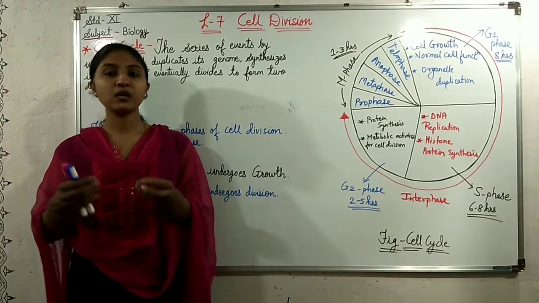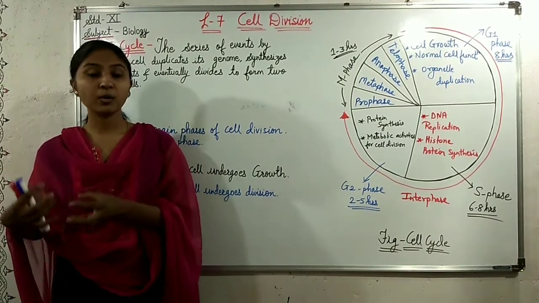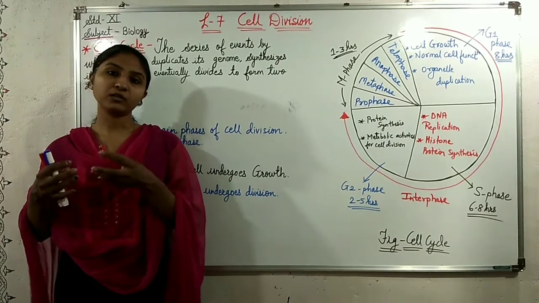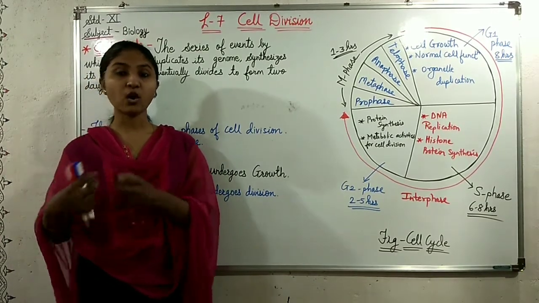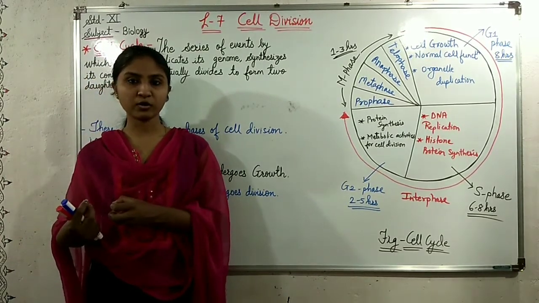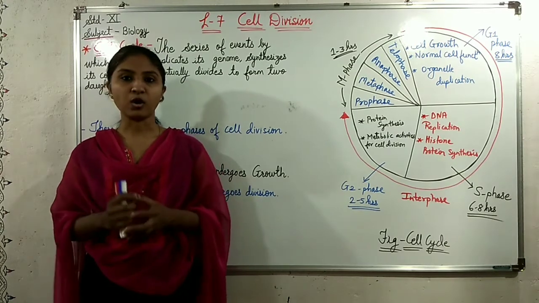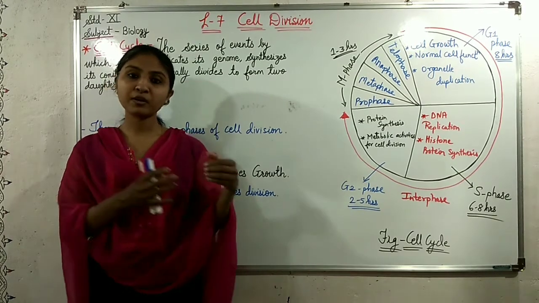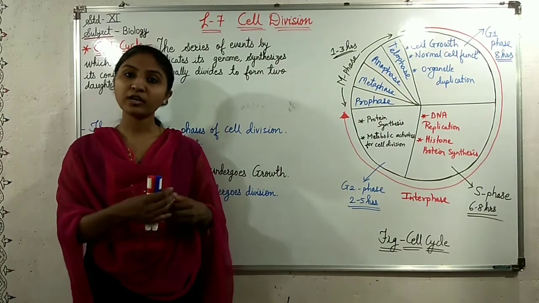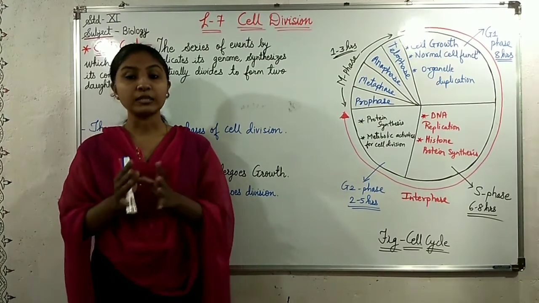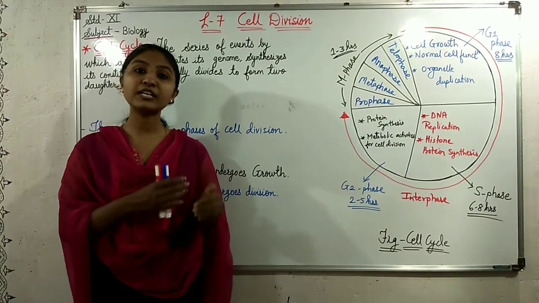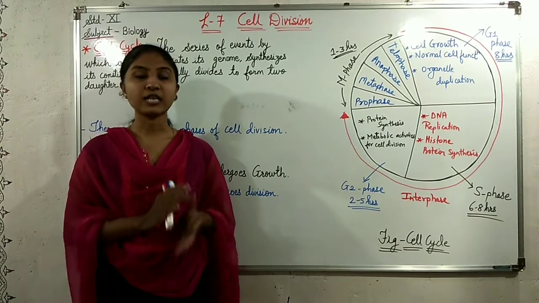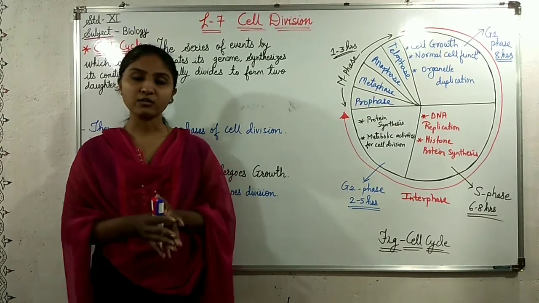For example, when the organism is a small baby, the body of that organism and the organs in its body are small, right? After a period of time, that living organism starts growing. This happens due to the cell division which occurs inside the body of the organism.